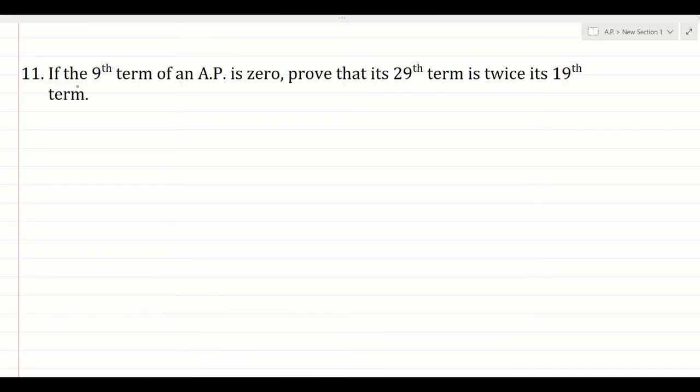Question number 11. If the ninth term of an AP is 0, prove that its 29th term is twice its 19th term. So here we know ninth term of an AP is 0. It means T9 is 0. But we know T9 is given by A plus 9 minus 1 D equal to 0.